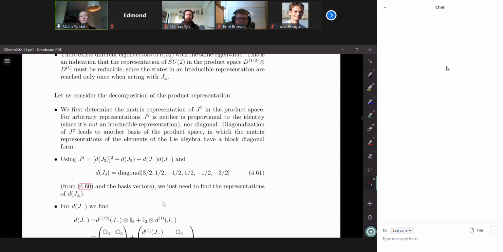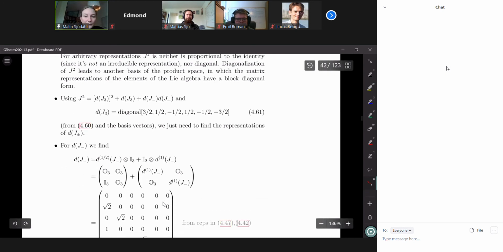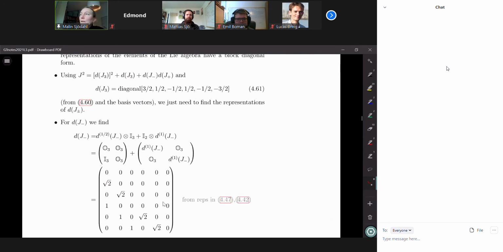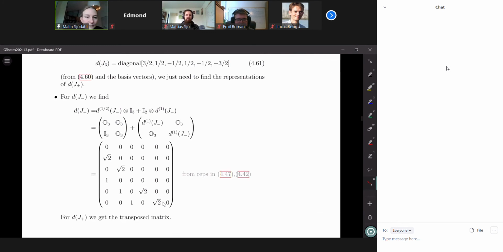So we want to find this eigenvalue basis where we have a diagonal J3. That will be the goal. What this means is that we want to decompose the direct product representation into a direct sum representation. So we will have in the end some block diagonal structure. I think this will become a bit clearer once we get there.